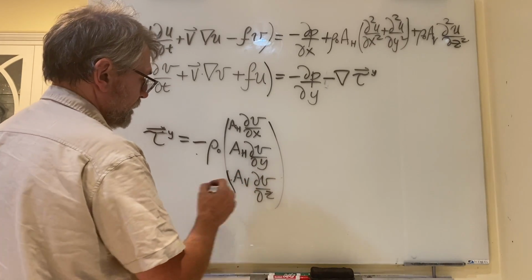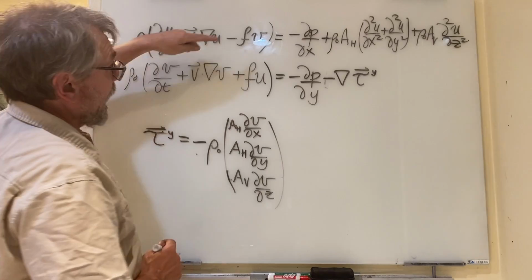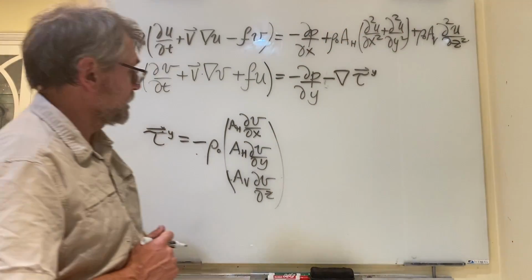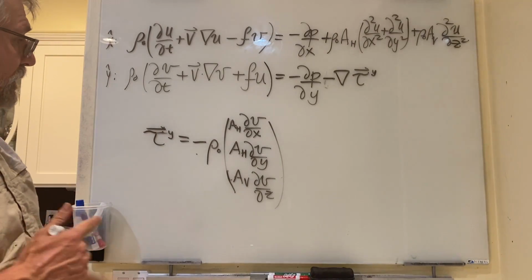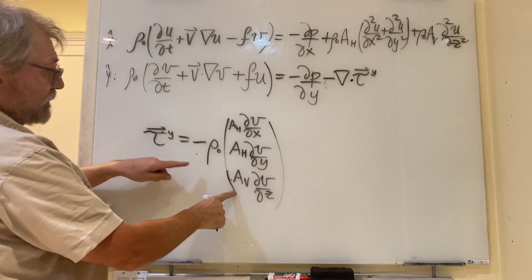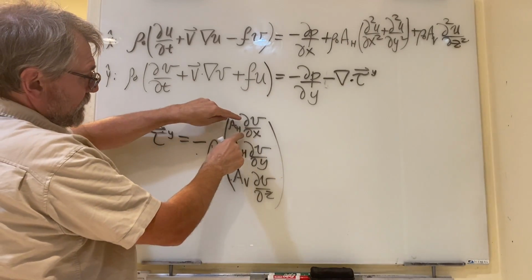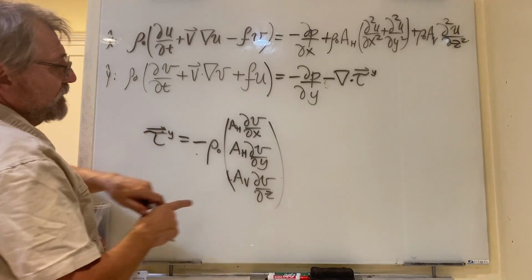So same idea as before, except what used to be u for the x component of the stress now is v for the y component of the stress. And again, if I take the divergence of this, I'll get d by dx of the first term plus d by dy of the second term plus d by dz of the third term.